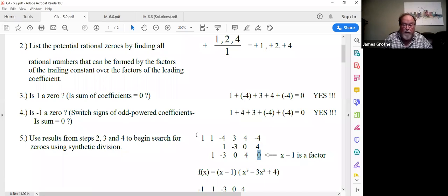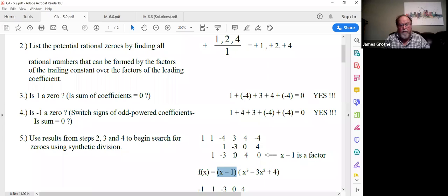And because 1 is a zero, x minus 1 is a factor. So by finding the zero of the polynomial, I now know a factor of the polynomial. And the cofactor comes from our quotient. I know that x minus 1 is a factor, and the factor that goes with it comes from our quotient, which would be x to the third minus 3x to the second.